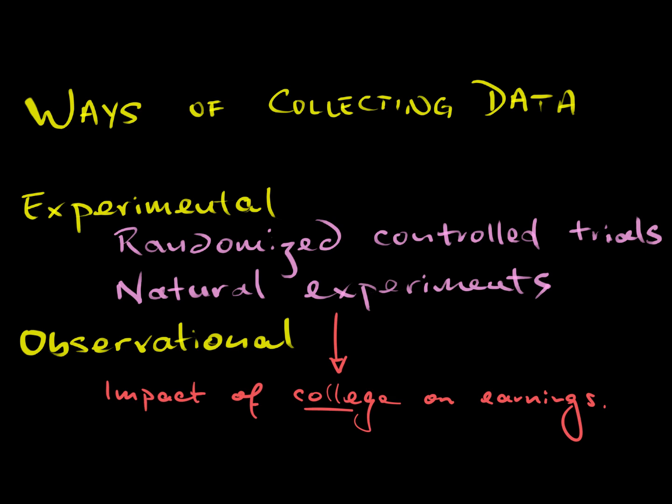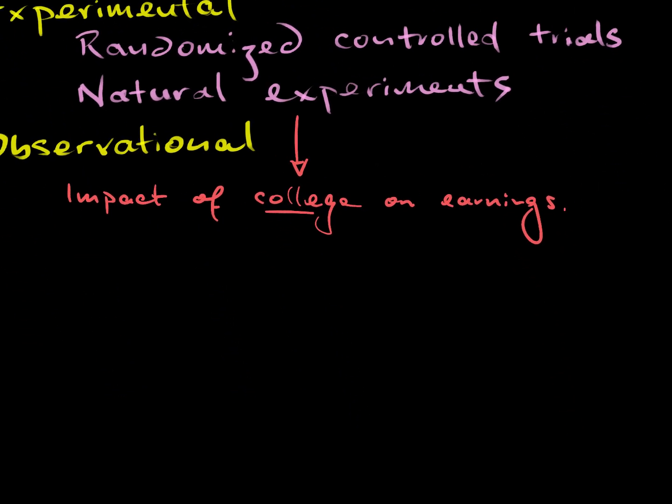So college attendance is not random. Well, researchers did find a neat example of some randomness that came from the Vietnam draft. Now this is ancient history, before even I was born.